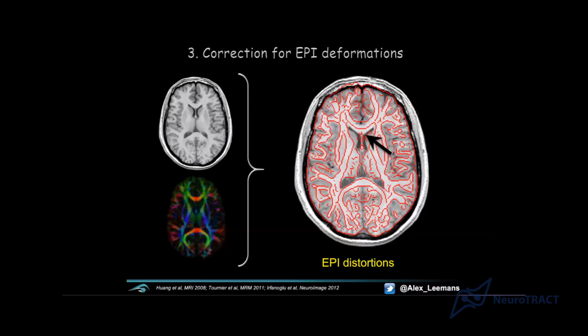Well, we see that this type of deformation is nonlinear, and we also know that it is associated with field strength. So if you go to higher field strengths, then these distortions become more apparent, they become more pronounced. So, again, going to higher field strengths, great, you've got a 3 Tesla, we got a 7 Tesla, wow, great.